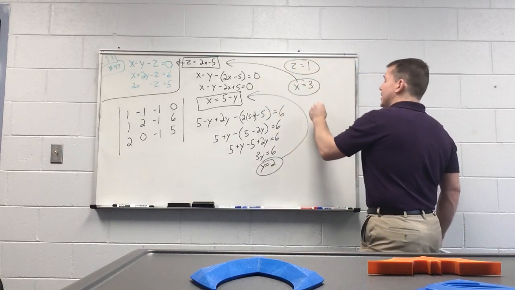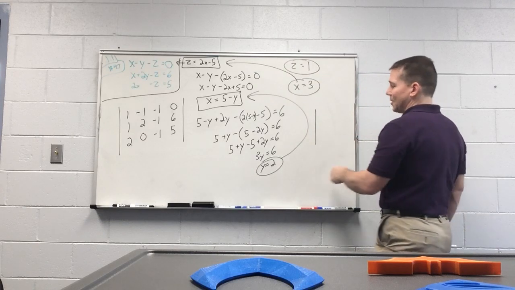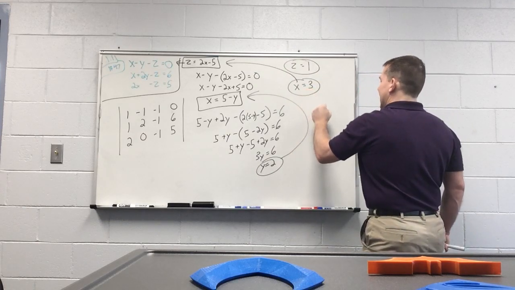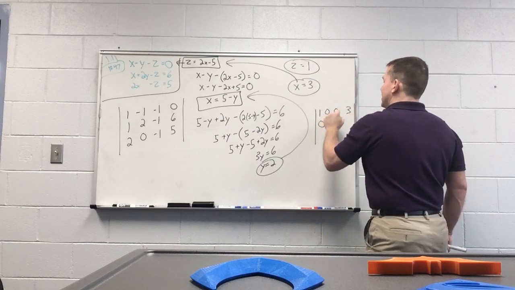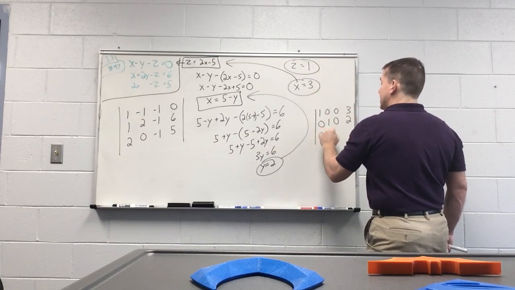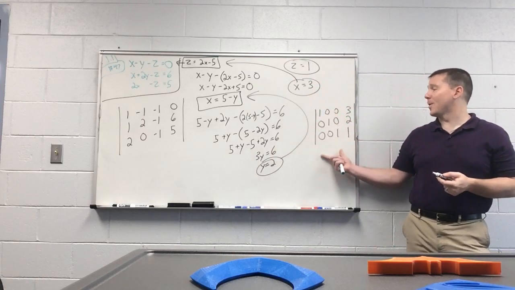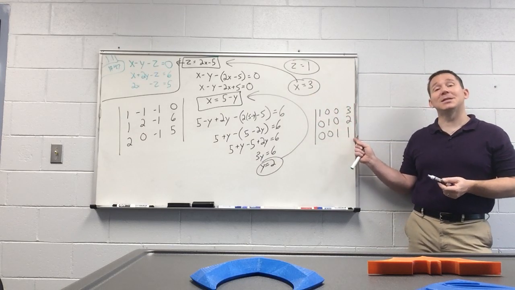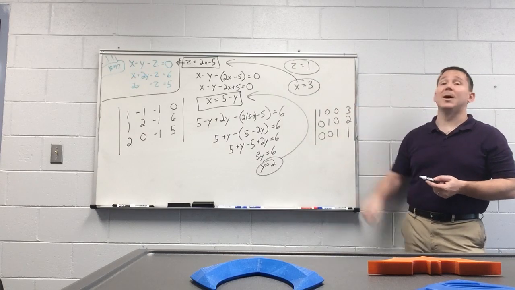Now I actually know with this solution, if I got this in reduced row echelon form, x equals 3, y is equal to 2, z is equal to 1. And here's my reduced row echelon form with my solutions. x is 3, y is 2, z is 1.